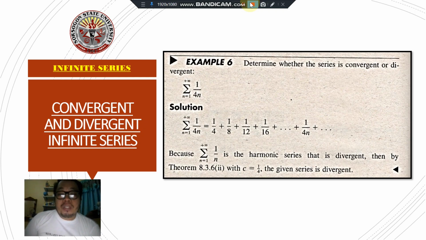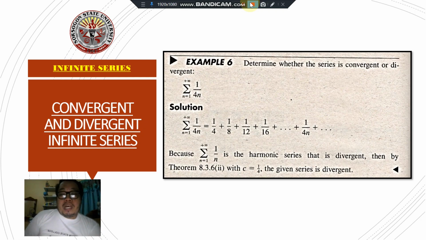For the solution, we're going to write the first four elements of the infinite series: 1/4 as the first term, followed by 1/8, 1 over 12, 1 over 16, up to 1 over 4n for the nth term, plus up to infinity.